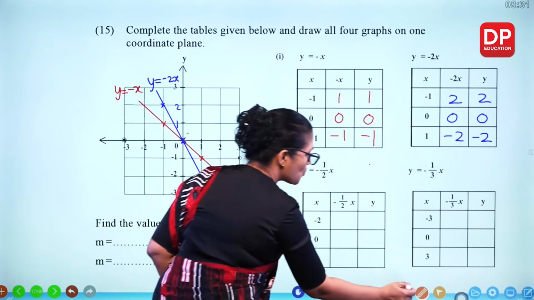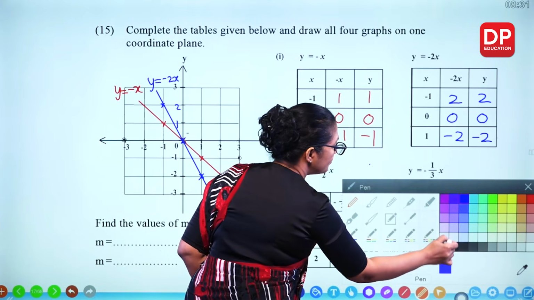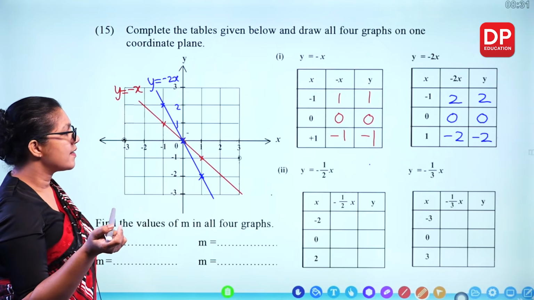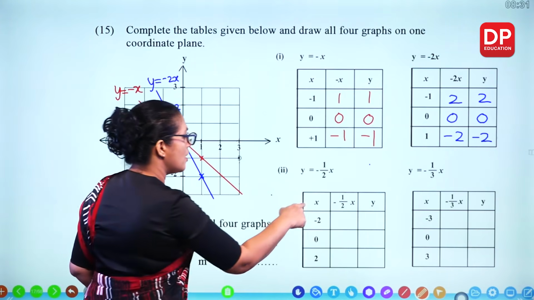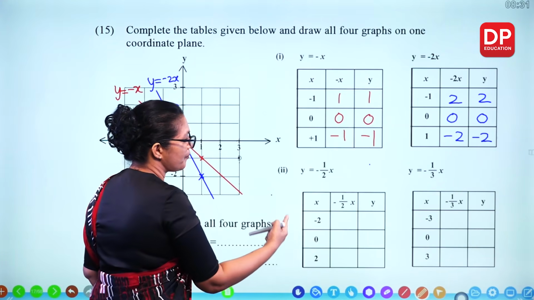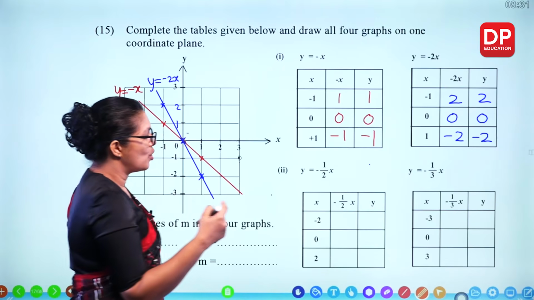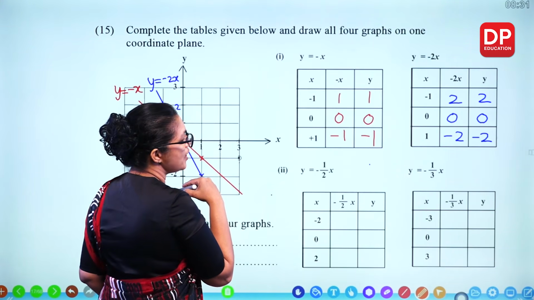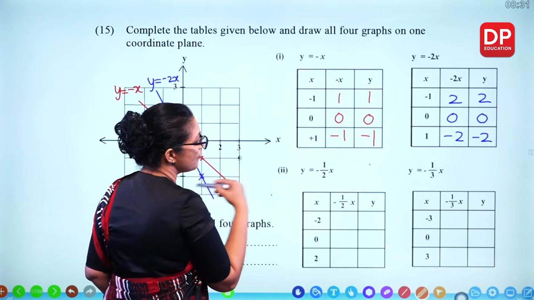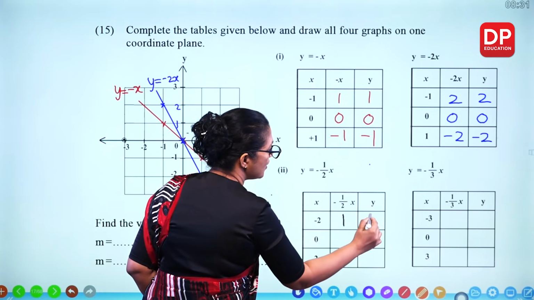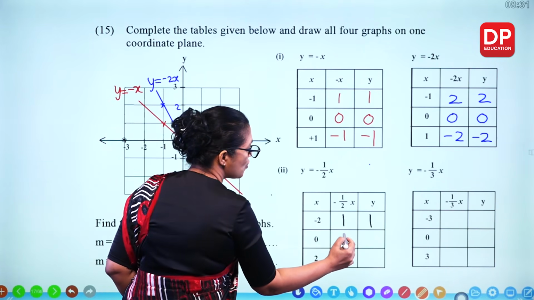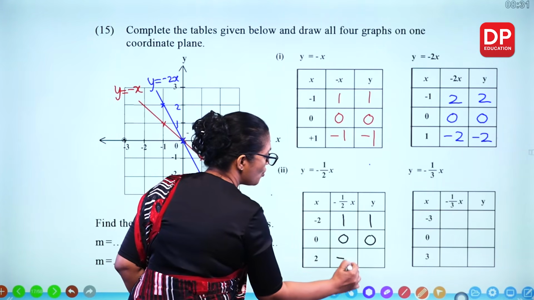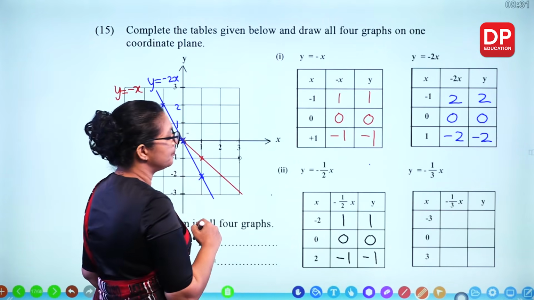Now we'll take the next one: -half x. So take x as multiples of 2 because it's divisible by 2. -2 divided by -2 gives positive 1. 0 divided by 2 is 0. 2 divided by -2 gives -1.